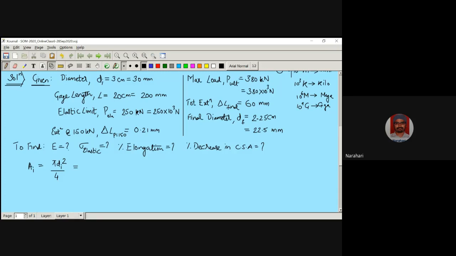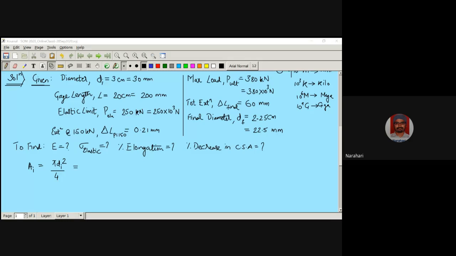Can anybody tell how much is this pi d i square by 4? Sir, 7 into 10 power minus 4 meter square.